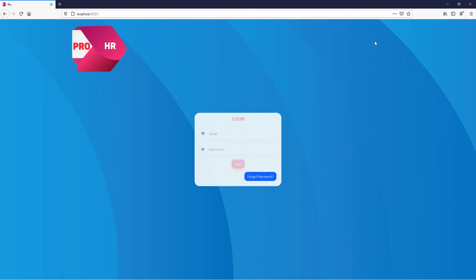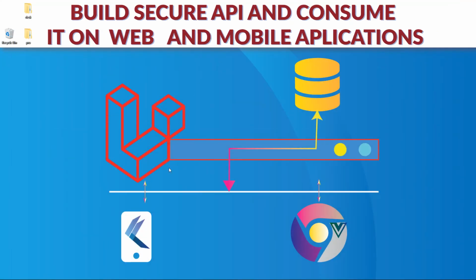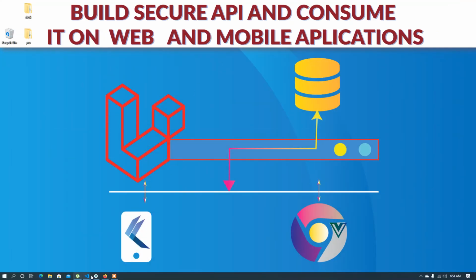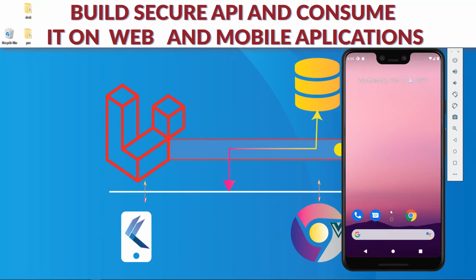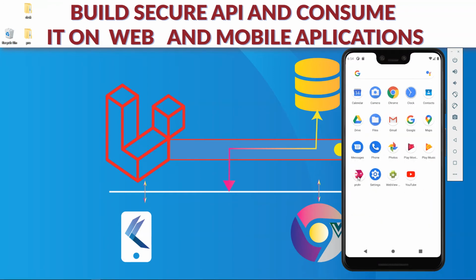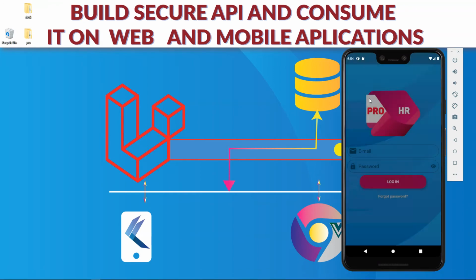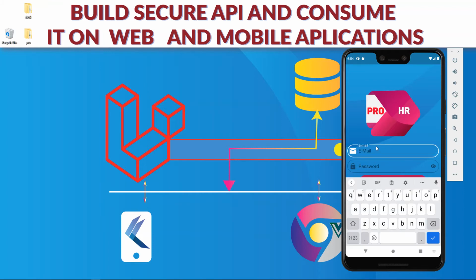After that, we will also build a mobile application to consume the same API, and here we have a simulation of the same application, but now on the mobile. I'll try to log in again.